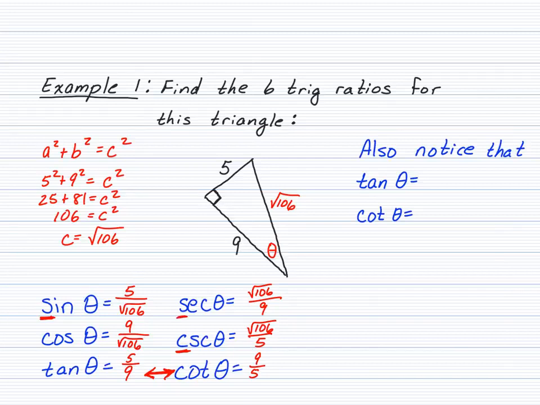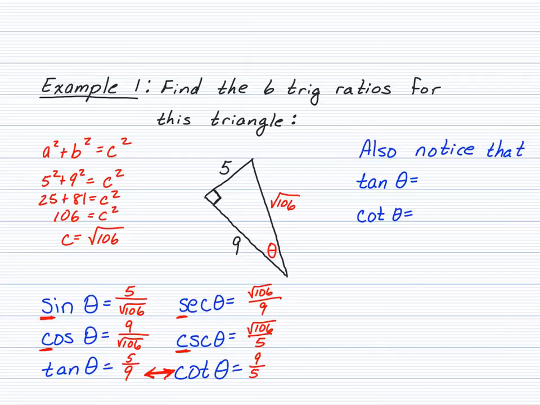Secant and cosine, also S and C, Samuel Clemens, those are reciprocals of each other. So if you remember the S and the C functions, secant and cosine are reciprocals, and then sine and cosecant are your other reciprocals.